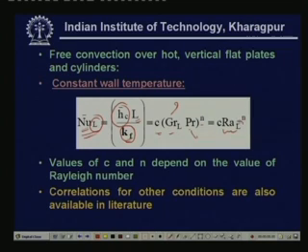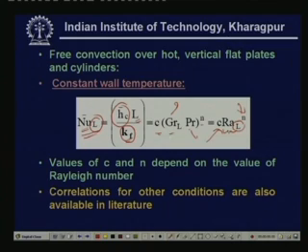And here the subscript L means the characteristic length should be L, that is the height of the plate, right. So, here again you can see that there are constants C and n, and the values of C and n depend on the value of Rayleigh number. So, just like the earlier expression where we had values for C and n for different Reynolds number, for this particular case also the values of C and n for different values of Rayleigh number have been obtained and they are tabulated.